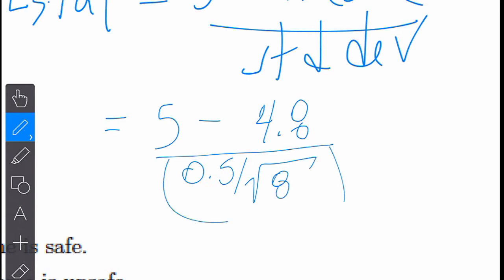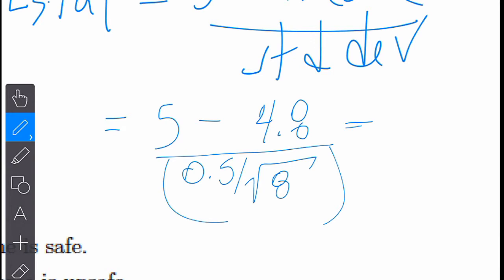And I apologize again. So it's 0.2 negative on the top, divided by 0.5 times the square root of 8. Negative 1.313. Right, Sonora?